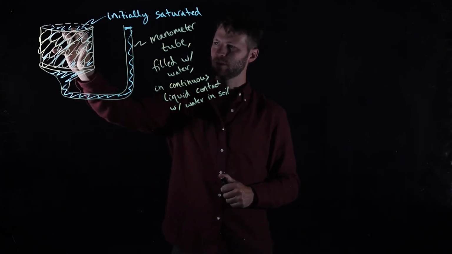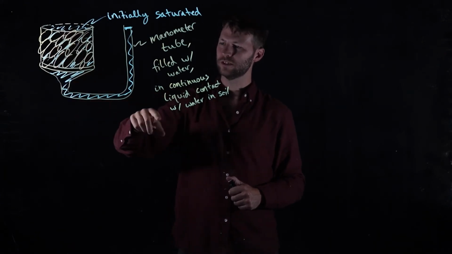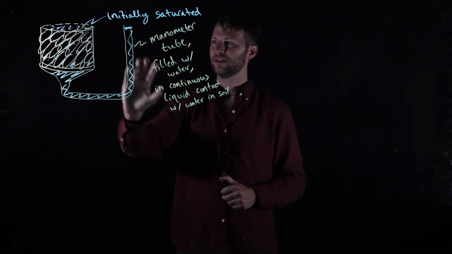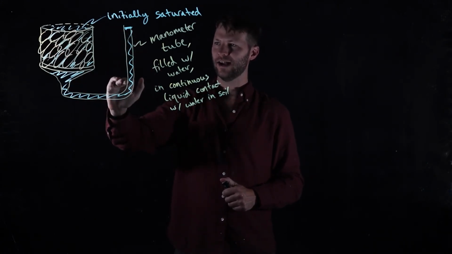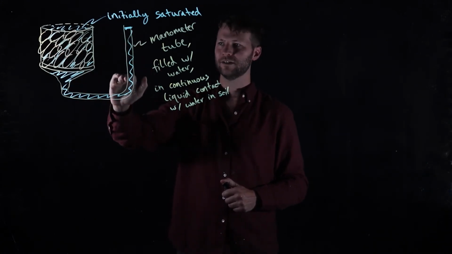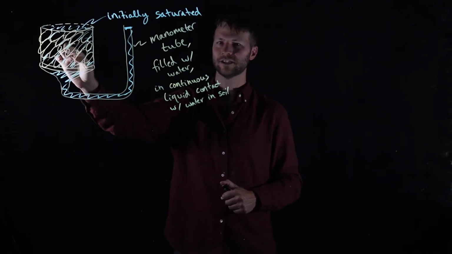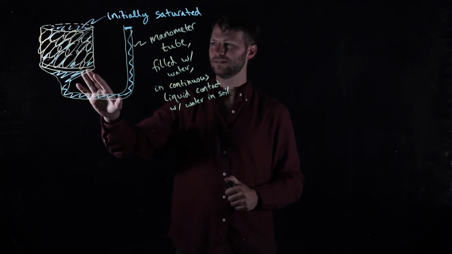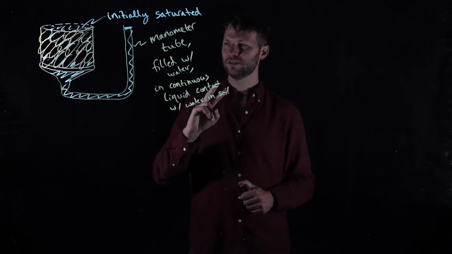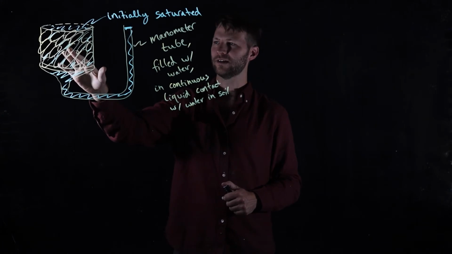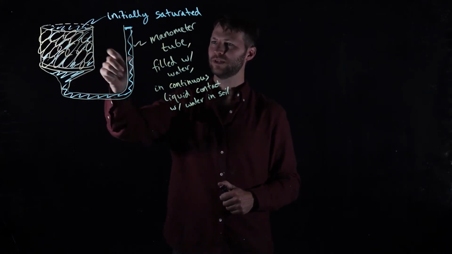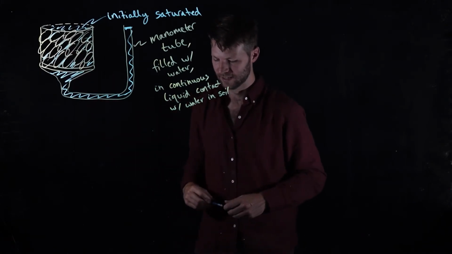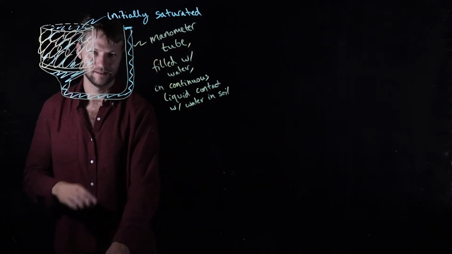And that's because the water is being pulled by the water here in the soil that's under tension, and it's not going to flow out. And the height that it drops is going to tell us something about the decline in pressure of the water in the sample. So it's a very simple setup, but it gets these two key measurements: the pressure of water in the sample, and because we can measure how much water comes out, and we know the starting volume, we know the amount of water that remains here in the sample.